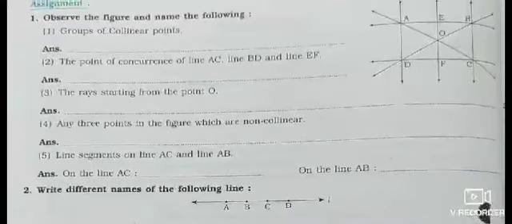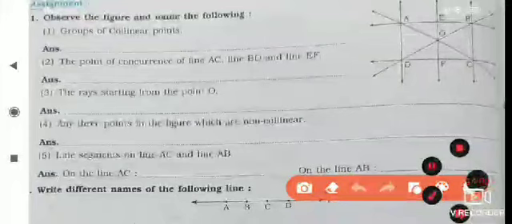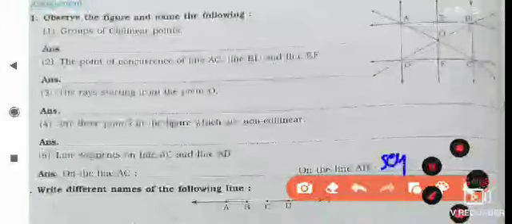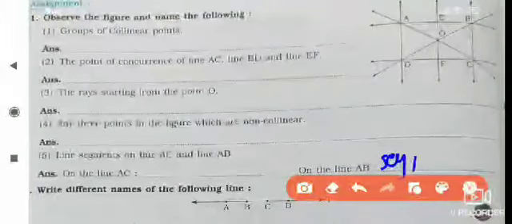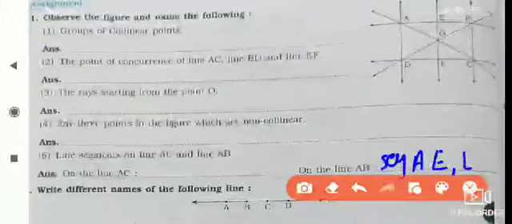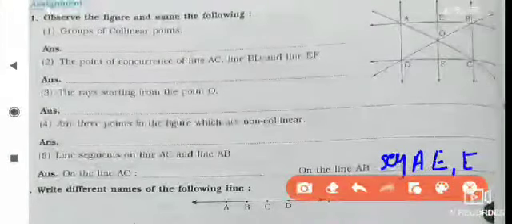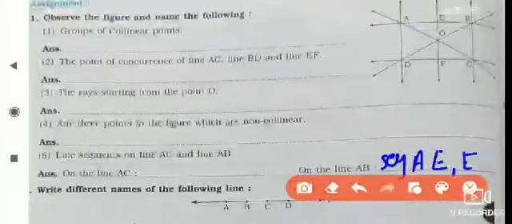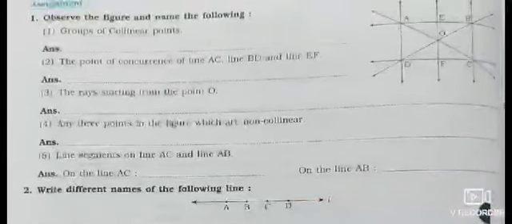Seg AE, then seg EB, and seg AB. All 3 segments are present on this line AB. So 3 segments you have to write here.